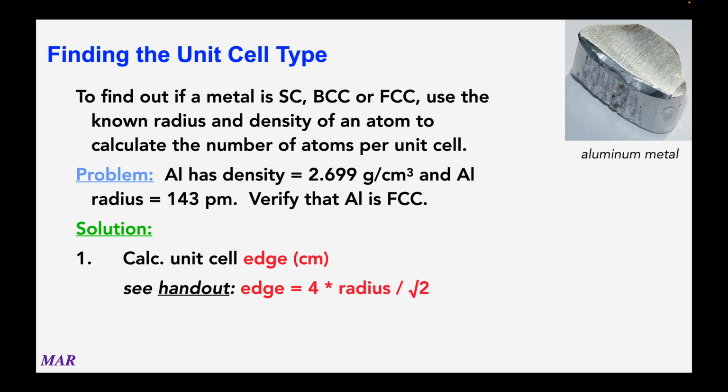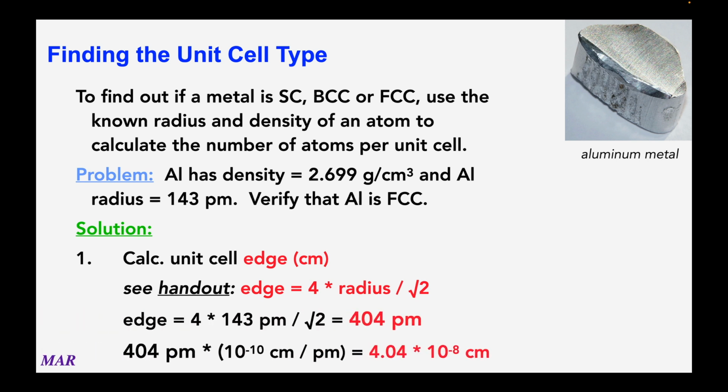It also, FCC means 4 atoms per cell, and basically what we're going to do is use the edge to radius ratio and then solve for how many atoms are inside the unit cell. Start with 4 times the radius divided by square root of 2. The radius is 143 picometers, which is very small. 4 times 143 divided by the square root of 2, 404 picometers.